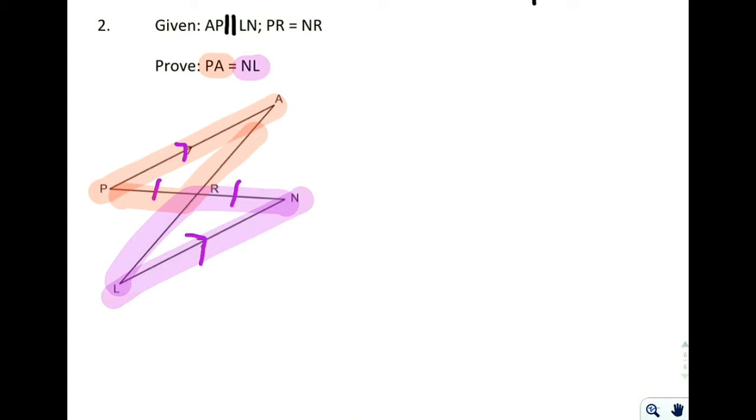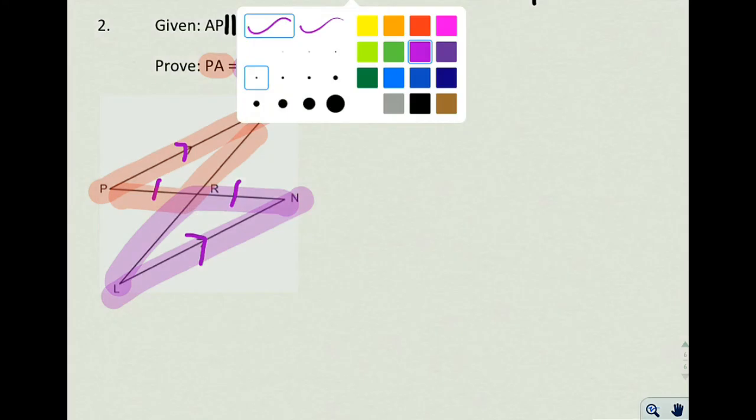I see that I have vertical angles in the middle, so that's something that I could use. So I'm going to just mark those in a different color so I remember I still have to have a rule for that in my proof, but that's information I could get. And then I would have an angle and a side, so then I would just need another angle.